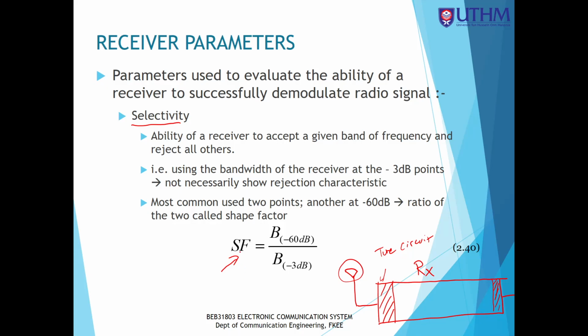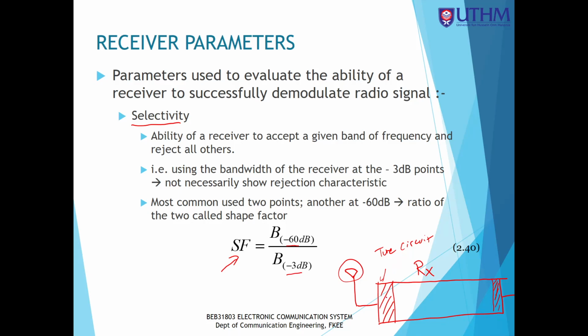Shape factor is equal to the bandwidth at minus 60 dB divided by the bandwidth at minus 3 dB. For your information, this shape factor is related to the filter parameter within the tune circuit.